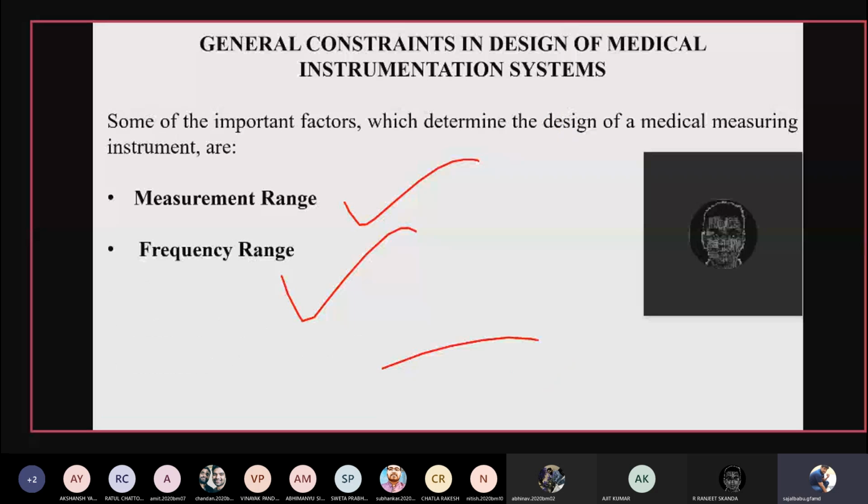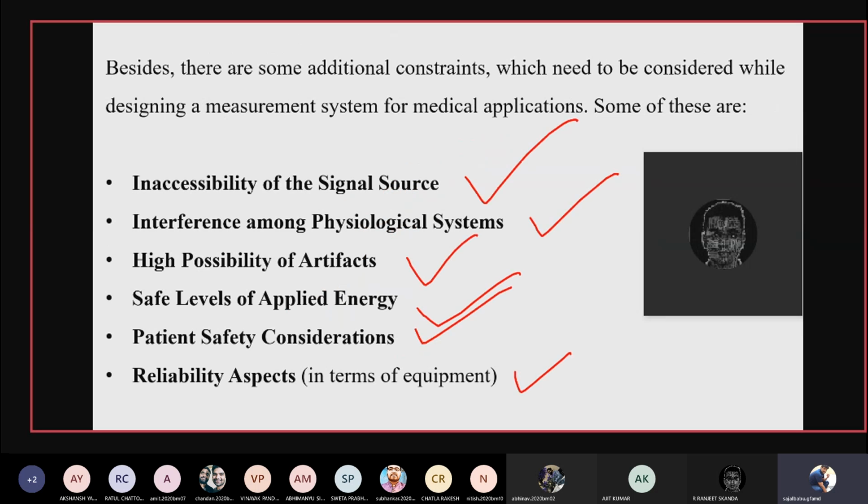I am repeating that. Whenever you design a medical instrumentation system, the first important constraint is the measurement range. Another is the frequency range. Apart from them, another constraint is the inaccessibility of the signal source, because not every signal is easily accessible.